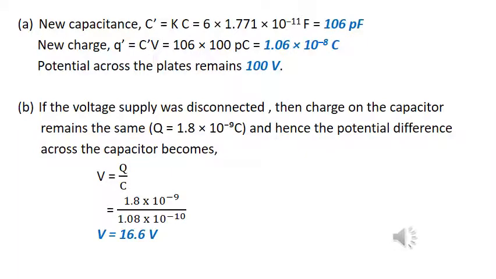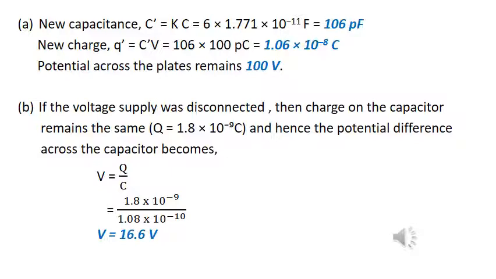Part A, when the voltage supply remains connected, the new capacitance of the capacitor will become C dash is equal to K into C. By putting the values, we get C dash is equal to 106 picofarad, and the new charge on the capacitor will be Q dash is equal to C dash into V, which is 1.06 into 10 to the power minus 8 coulomb.